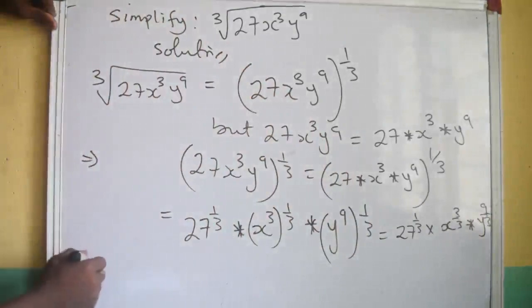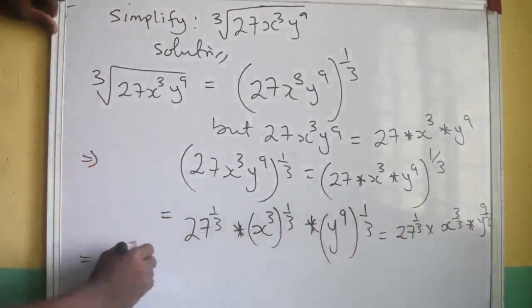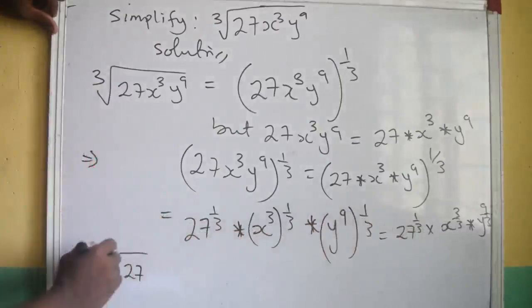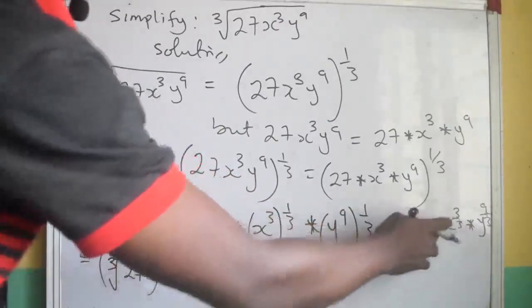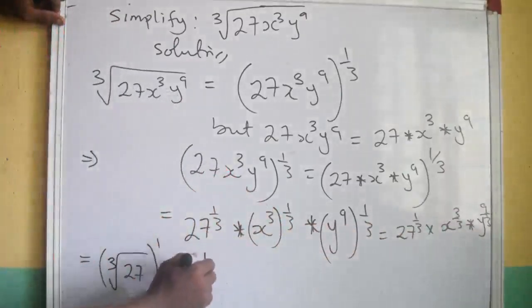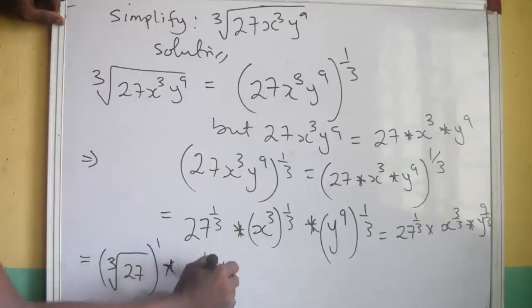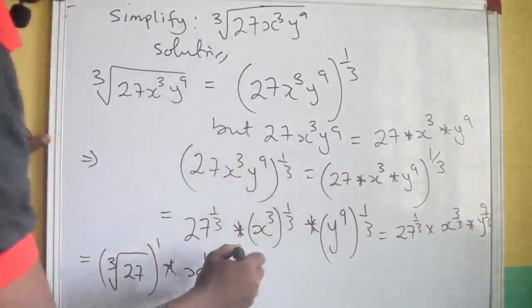So everything becomes, this guy is the same thing as writing the cube root of 27 all raised to the power 1, because of this one. Then multiply by this guy, which is x raised to the power 3 over 3. 3 over 3 is 1. We'll have x raised to the power 1 here. Multiply by y raised to the power 9 divided by 3, which is 3.